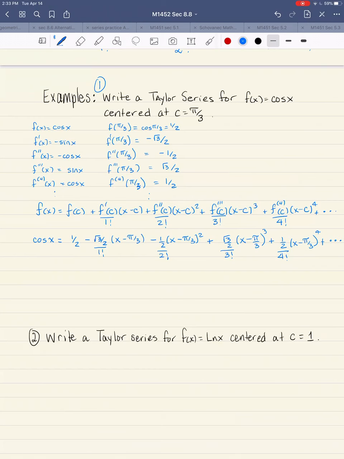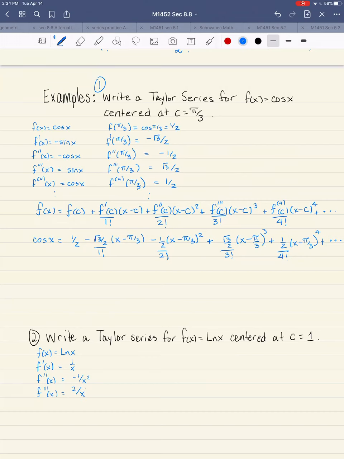Let's do it for the natural log of x centered at c equals 1. So let's take a few derivatives of the natural log of x. We have to keep the log of x here first. The first derivative is 1 over x. The second derivative is negative 1 over x squared.